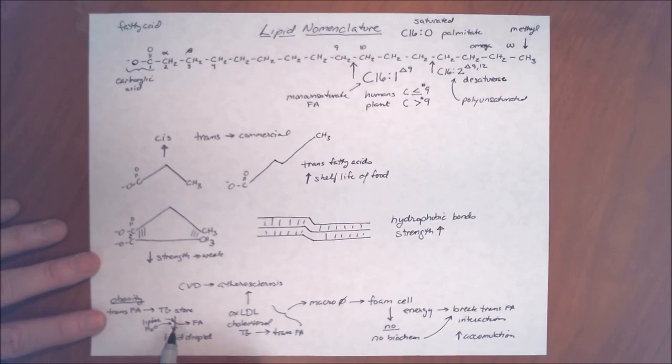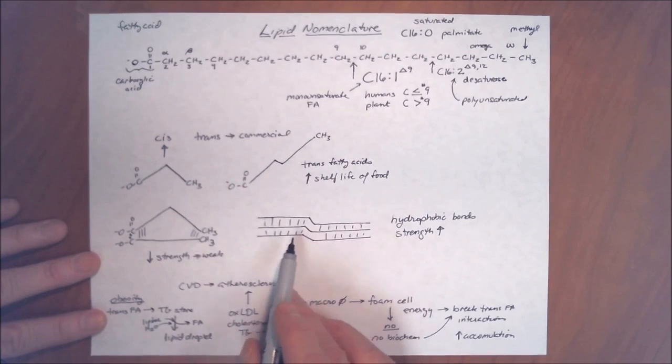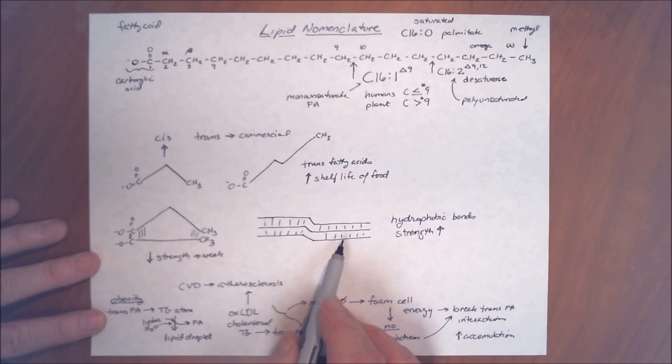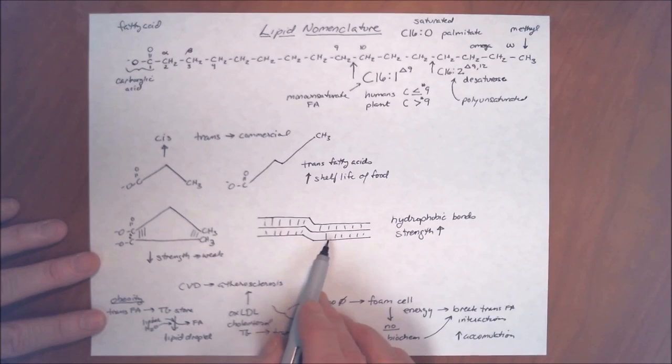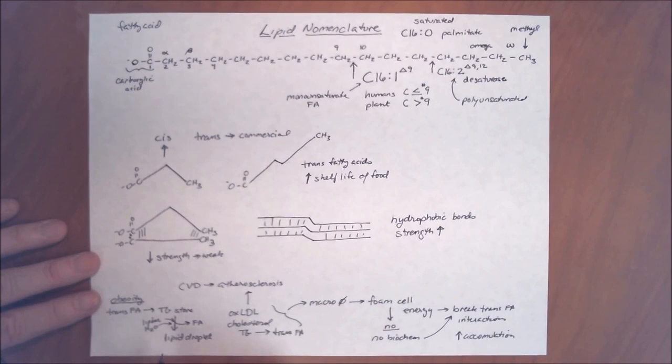If the fatty acid that is attached to the triglyceride structure is of a trans bond, the interaction between these trans structures being linear is going to be dramatically increased. So that means that the fatty acids are forming greater hydrophobic bonds, and it's going to be very difficult to pull that triglyceride structure out so that the lipase can have access.